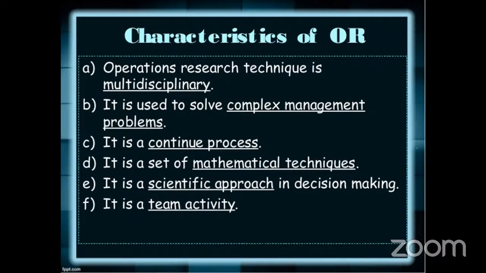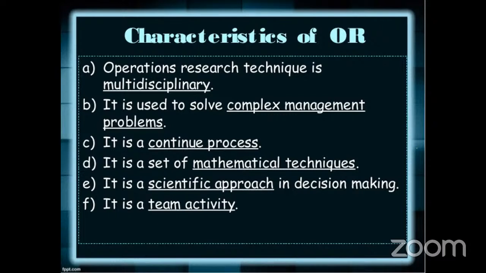To go with the characteristics of OR, the operations research technique is multidisciplinary. Why? Because in every field they are using these techniques. Not only in war, it can be used even in universities, in study and research, in our daily life, or in any of the businesses where the problem is there.